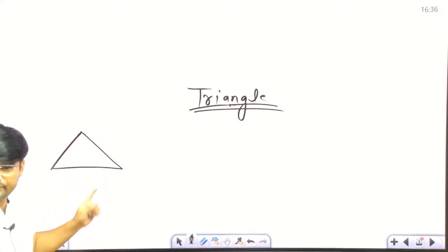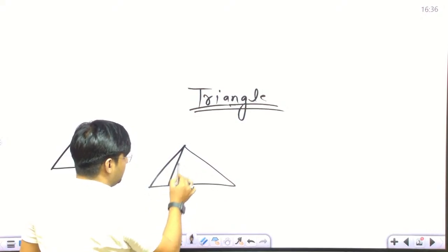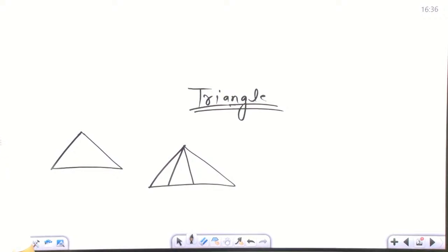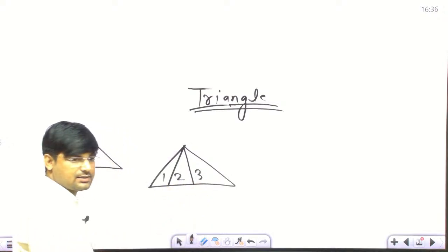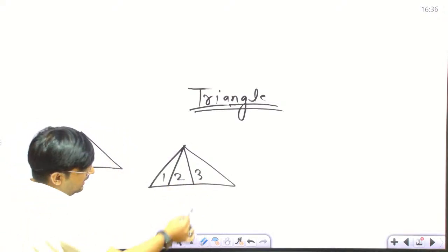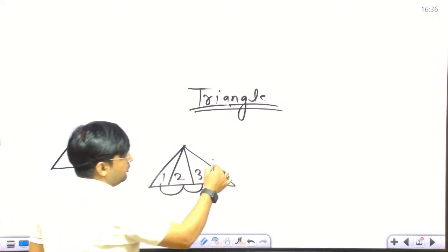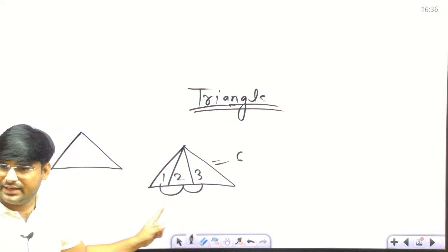One triangle in this figure. And how many triangles in this figure? First of all, we count all small triangles: 3 plus 2 plus 1 equal to 6. There are 6 triangles in this figure. Clear?